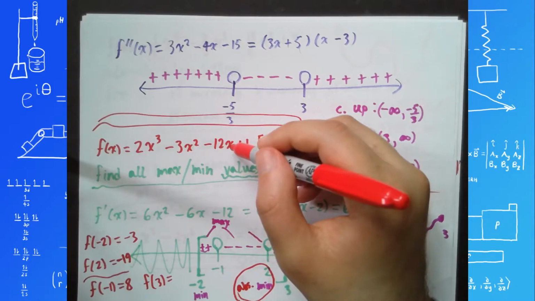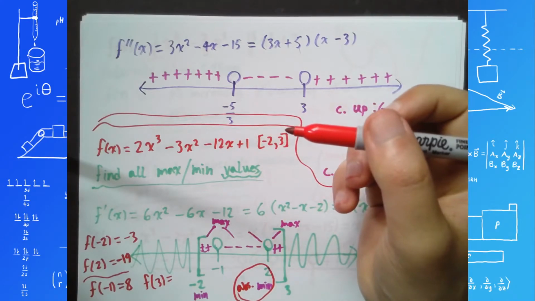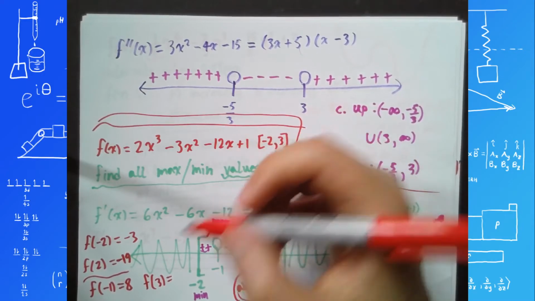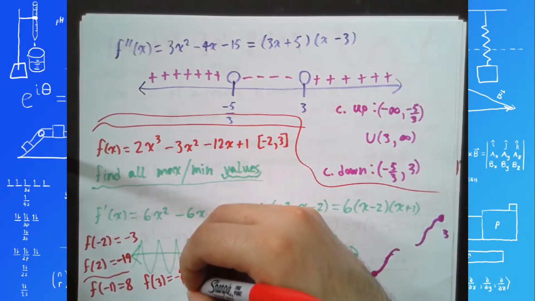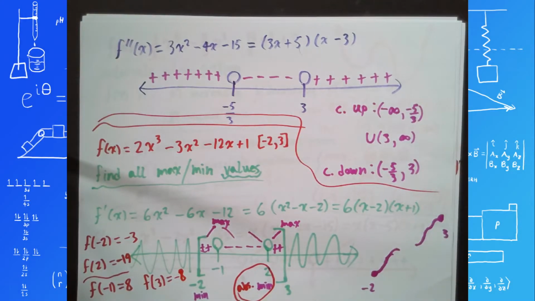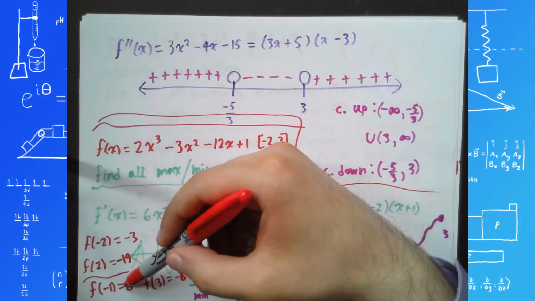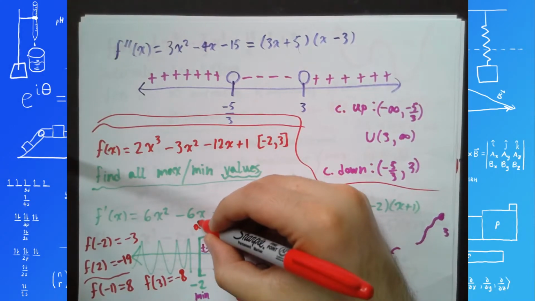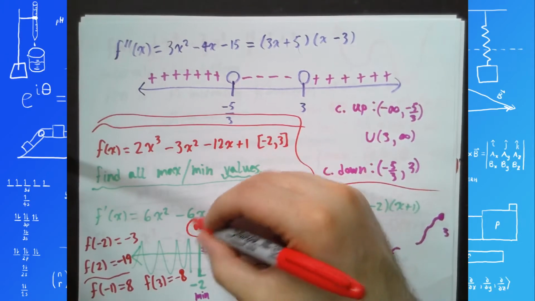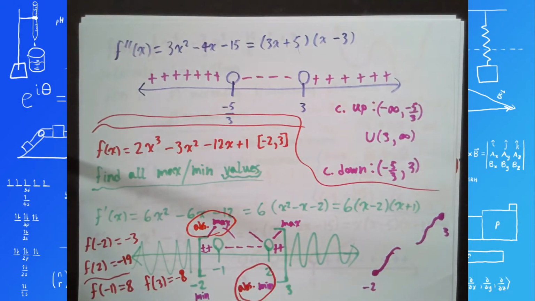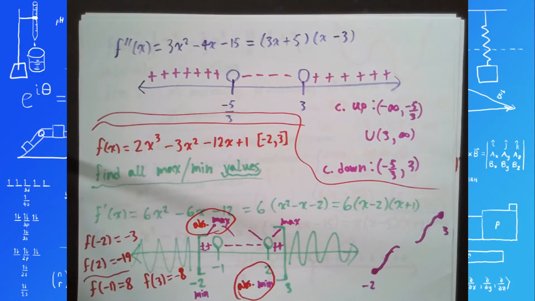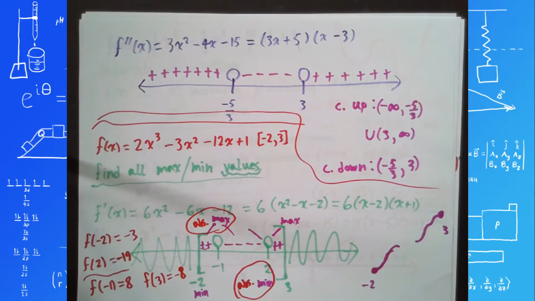And then 27 minus 36 is going to be negative 9, plus 1 is negative 8. So it looks like the higher high is at negative 1. So our absolute maximum occurs at negative 1, 8. While 3, negative 8 is a local maximum.